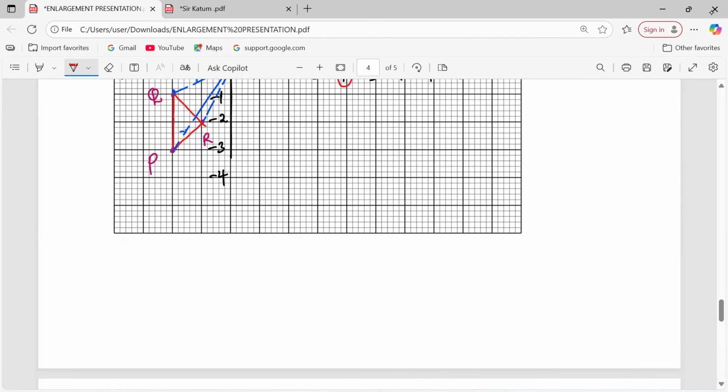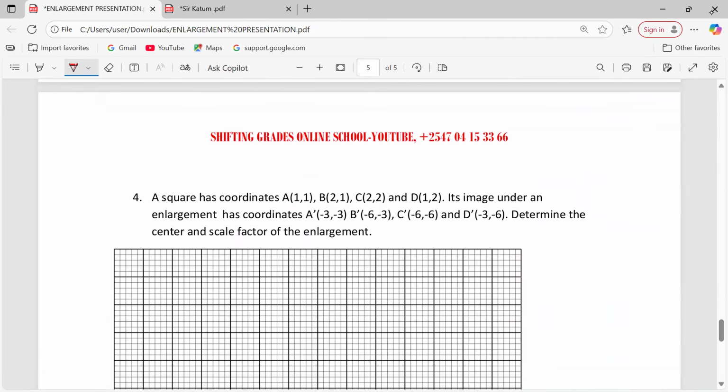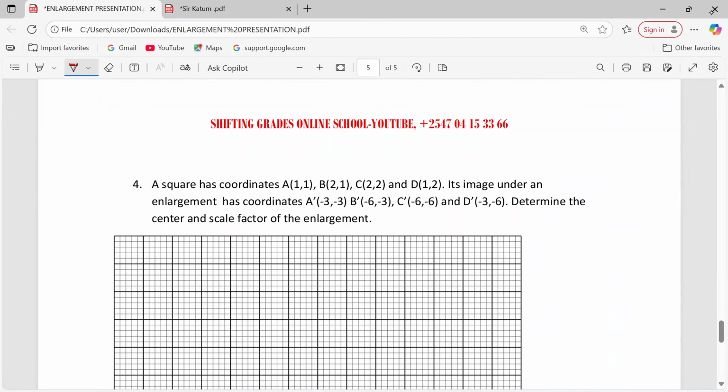That is it. Now, I want us to check the last and the fourth example. In this case, we are having coordinates of object, coordinates of image, so that we may determine the center and the scale factor for this particular enlargement.